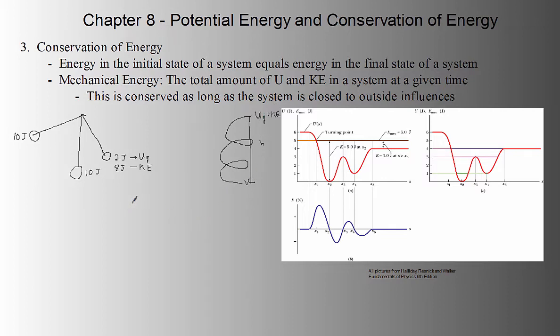And this can go with a spring type problem. If you have a spring here on a ramp connected to something and a block on there, and you let go, of course gravity pulls it down, right? So now we're mixing potential energy in terms of gravity and potential energy in terms of spring. Doesn't matter.